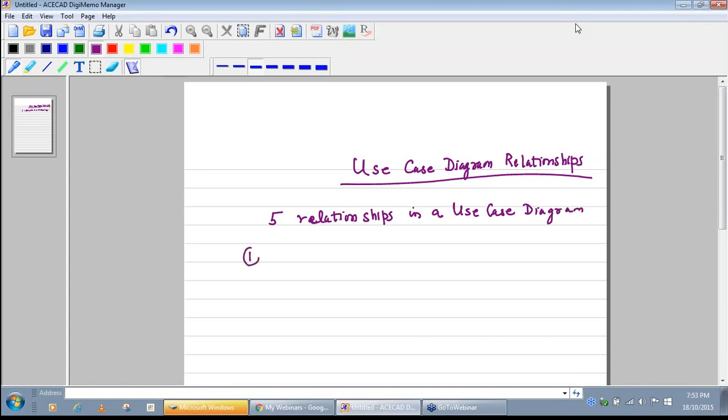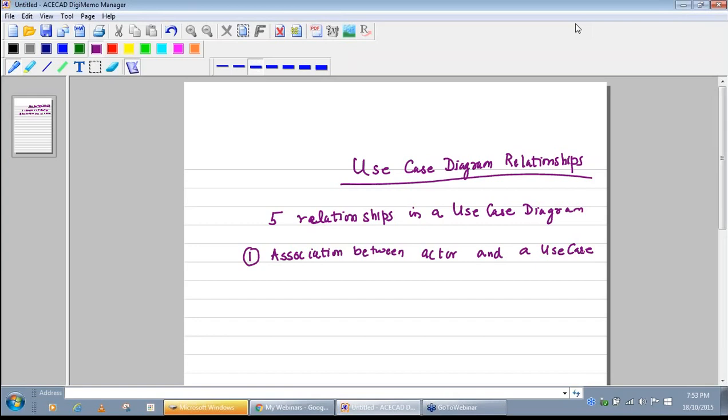Number 1, association between actor and a use case.